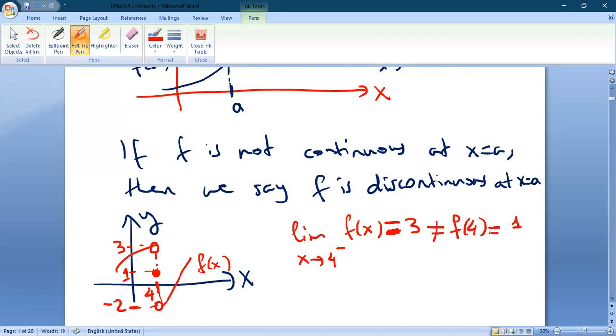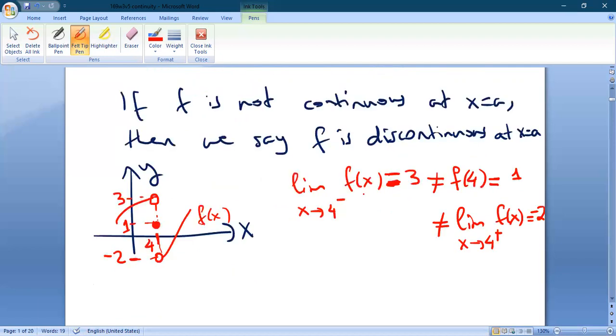They are not equal. But that's also not equal to the limit as x goes to 4 from the right, which is equal to minus 2. So none of these numbers are the same. So then we say f is discontinuous at x equals 4.